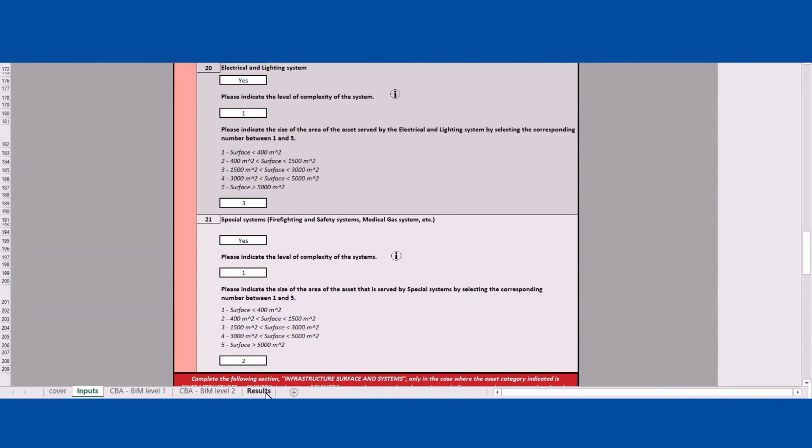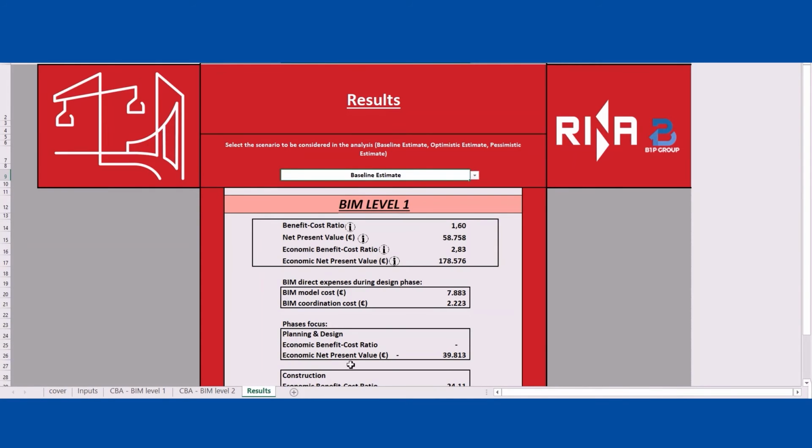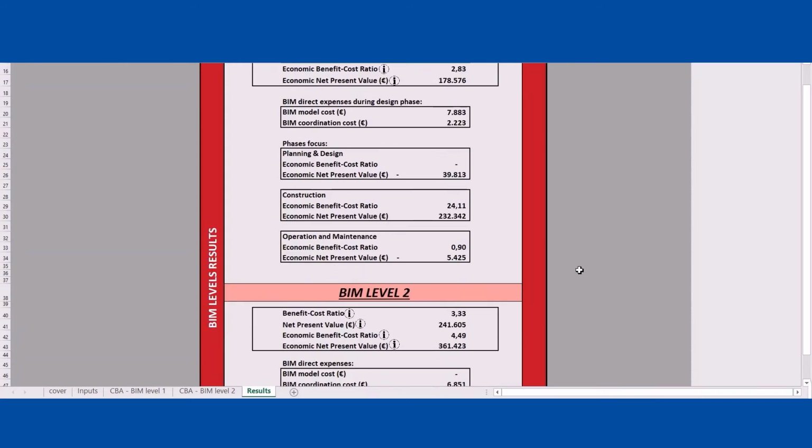Output. Results page. The results page provides an overview of the indicators computed by this tool. In particular, the same set of indicators reflecting 2 different levels of maturity for BIM adoption are provided here: Maturity Level 1 and Maturity Level 2.